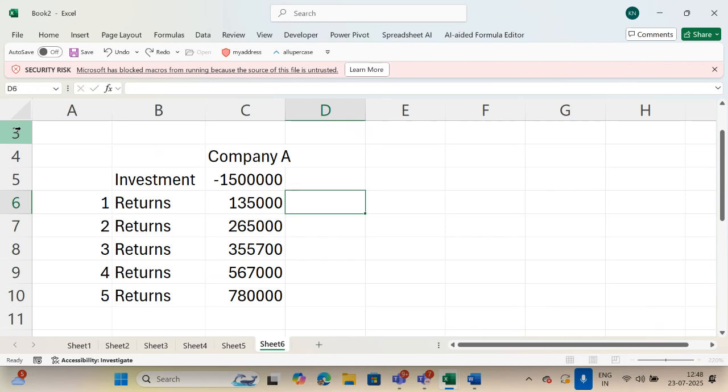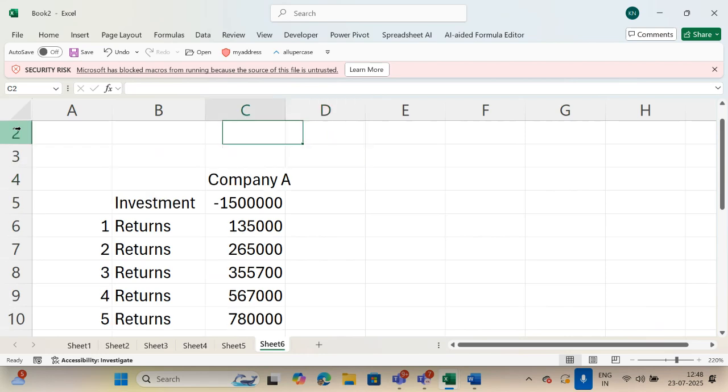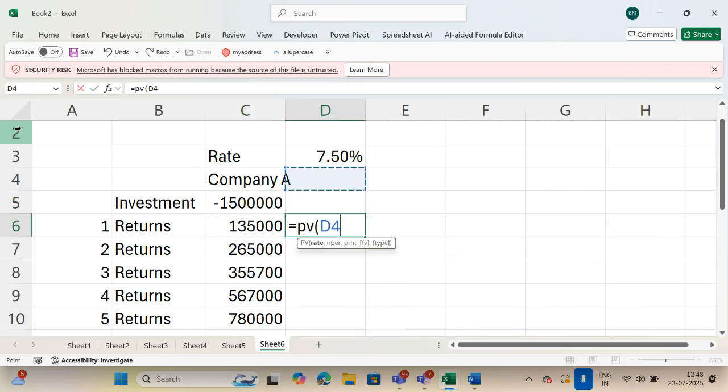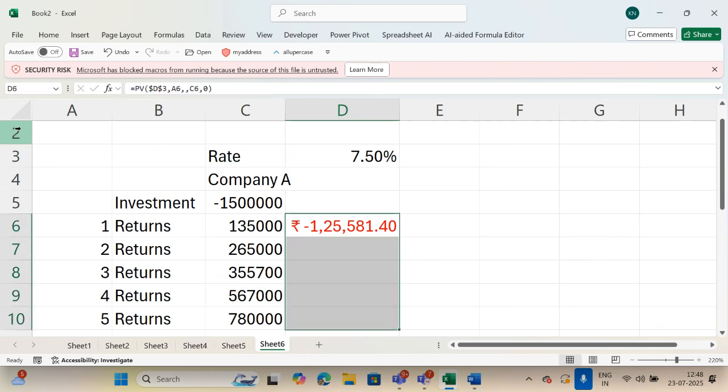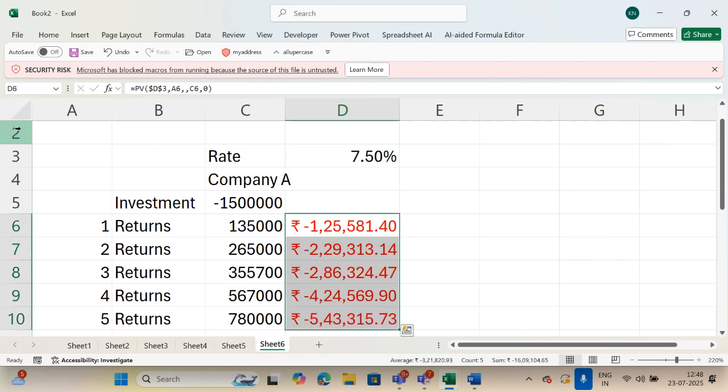As per the market rate, 7.5 is my discounting rate, equal to PV, then rate, comma, this is my first year return, comma 0. And I'll take all 5 years of returns.